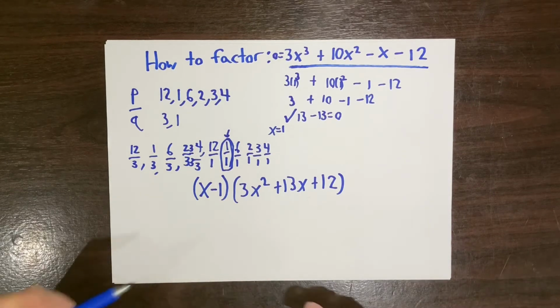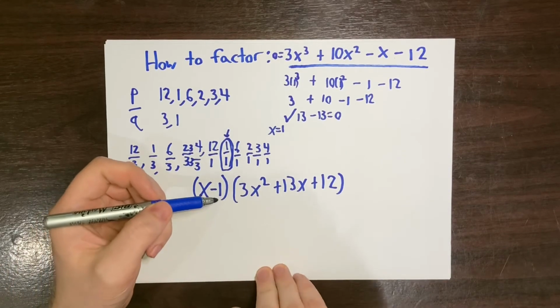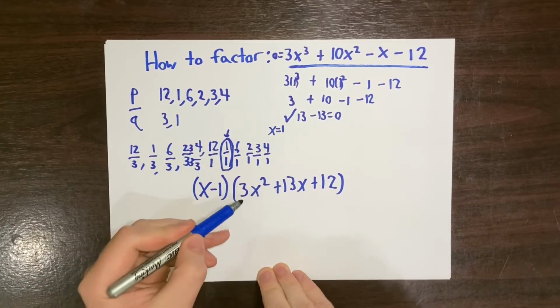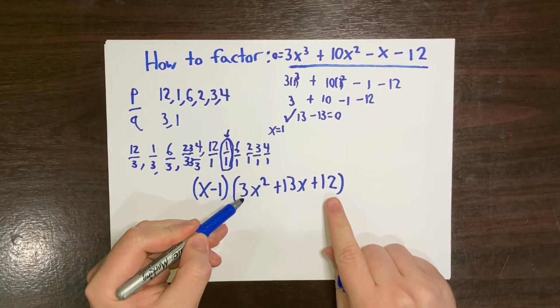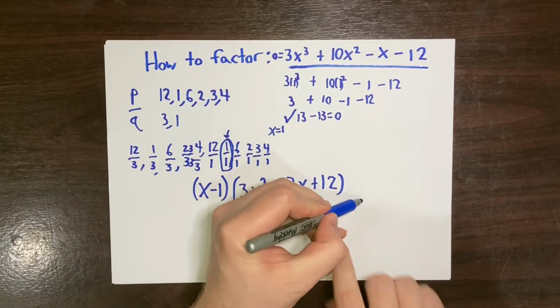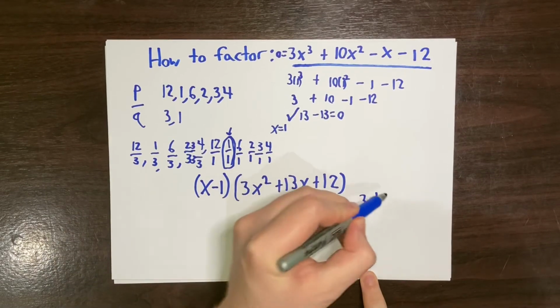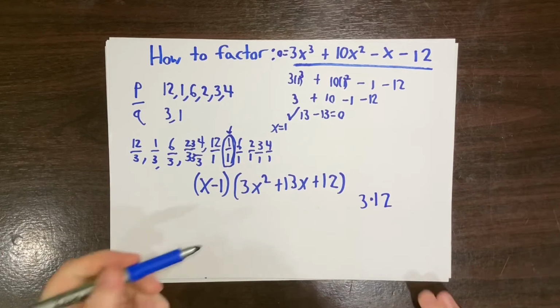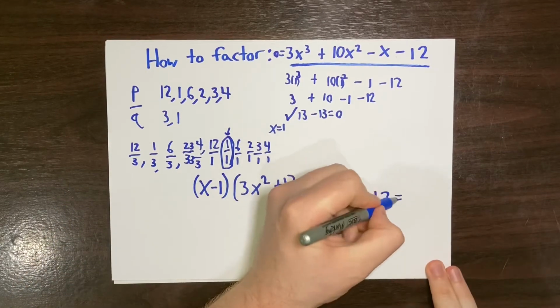All right, and now we're in the home stretch of this problem. It's going to be a simple AC method from here on out, and then a factor by grouping. So A and C, we've got 3 times 12. 3 times 12. Somehow I keep picking up the bad pen. I don't know why I keep around a bad pen. 3 times 12 is 36.